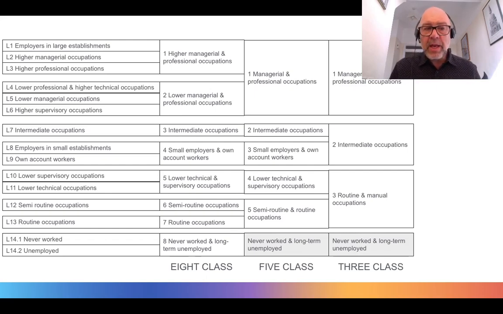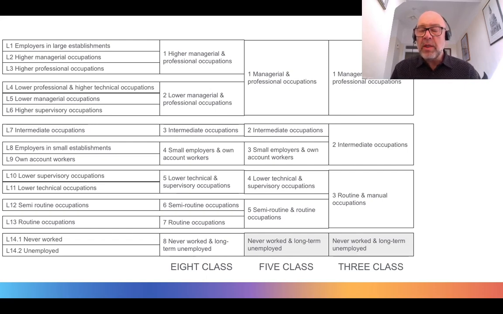You have to remember with the NSSEC that it is a nominal classification. Although we use 1, 2, 3, 4, 5, it's not considered ordinal, particularly because of the self-employed in class 4 in the 8 class version.